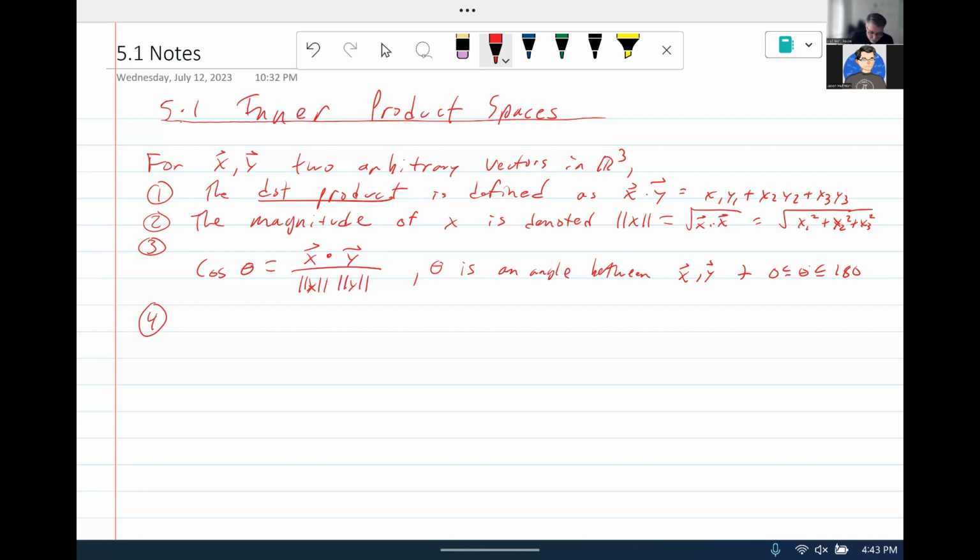Number 4. If x dot y is equal to 0, so if the dot product is equal to 0, then the angle between x and y is pi over 2, or 90 degrees.